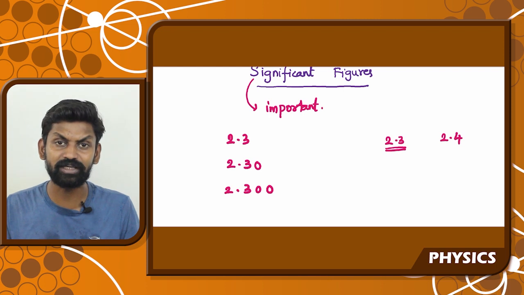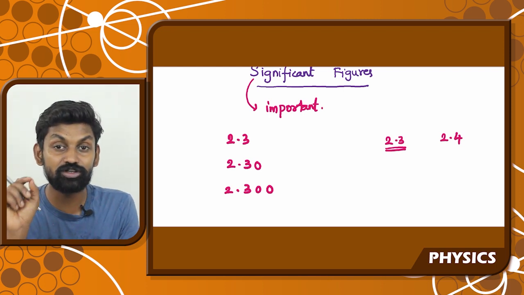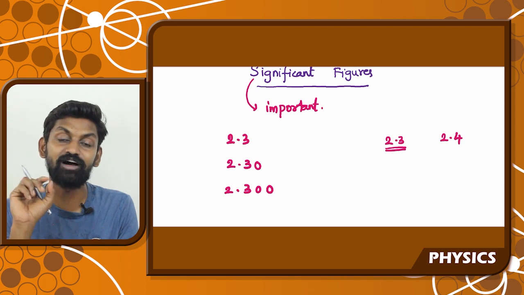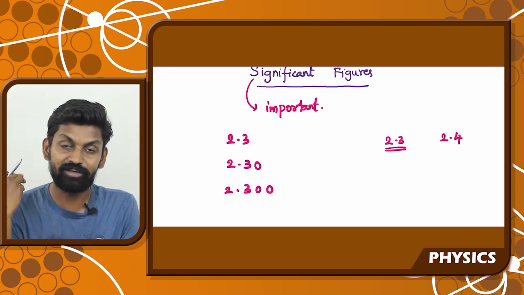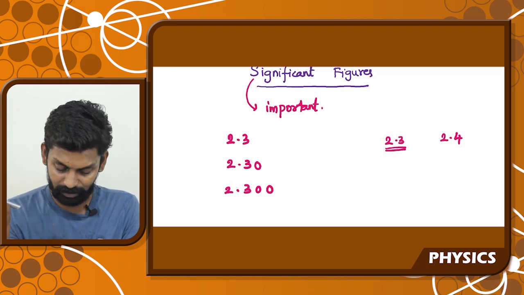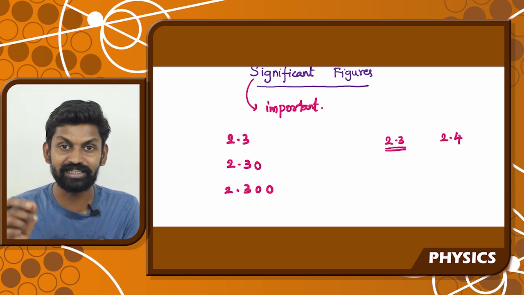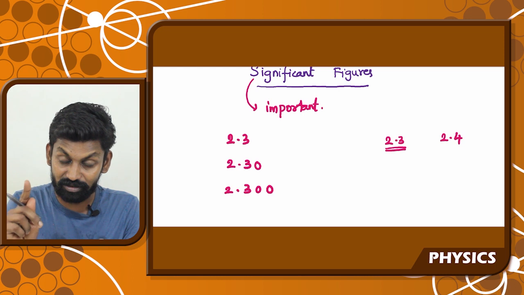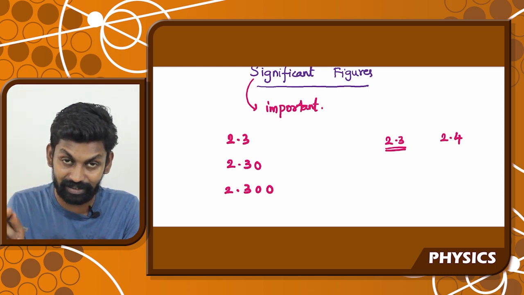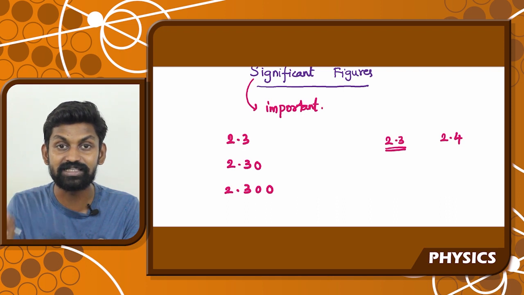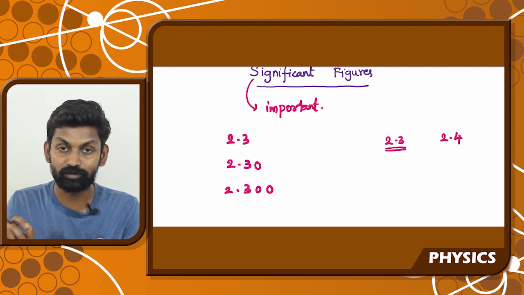So 2.3 is accurate only up to one digit after the decimal point. But if you check 2.30, we are very sure that after 3 there is 0. That means we are confidently telling it is not 2.31, it is not 2.33, it is not 2.38, it is 2.30. That is its meaning.